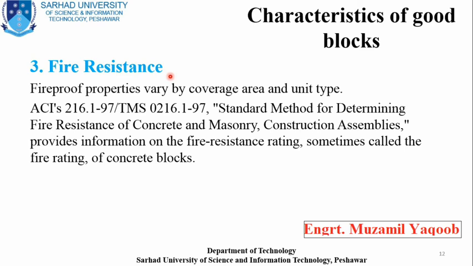And the test we use to measure its fire resistance is known as the standard method for determining fire resistance of concrete and masonry construction assemblies, right? So this test is used to check the fire resistance of block. Inshallah, in our test lecture we will discuss this test in detail.